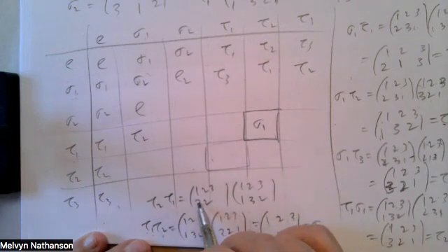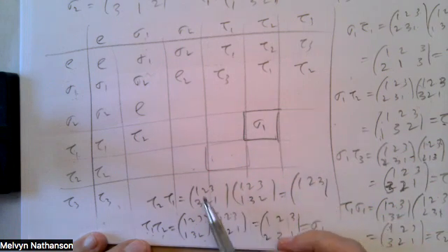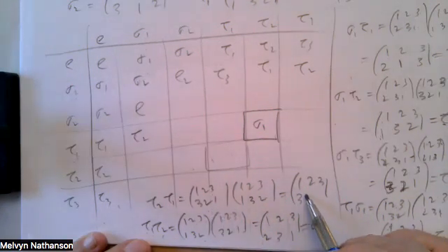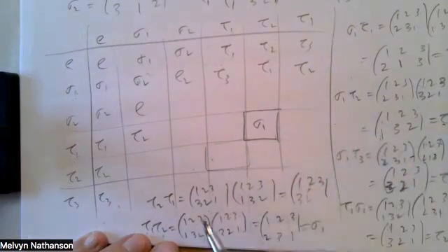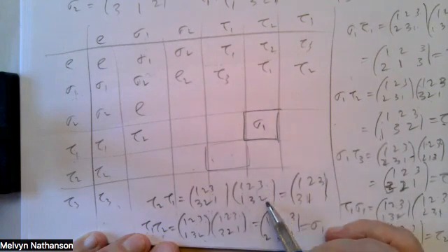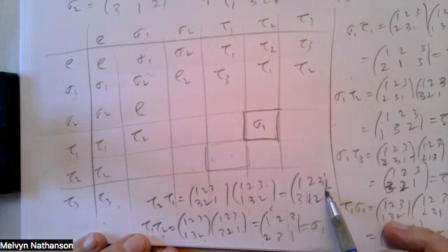Tau 2 fixes 2, interchanges 3 and 1. Sorry, let me do this right. 1 goes to 1, goes to 3. 2 goes to 3, goes to 1. 3 goes to 2, goes to 2. So this is like the double rotation. 3, 1, 2 is sigma 2.